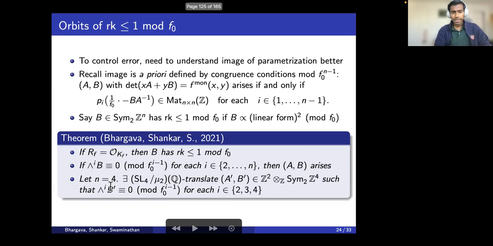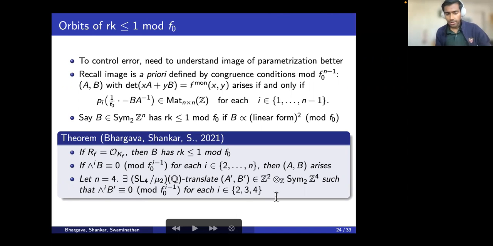If you have a pair A, B that is not defined mod f0, then you can translate that pair under the group SL4 mod mu2 of Q. The translate that you get will be A prime, B prime, a pair of integer matrices such that B prime satisfies the conditions in the second bullet point: the i by i minors of B prime will be divisible by f0 to the i minus 1 for each i.